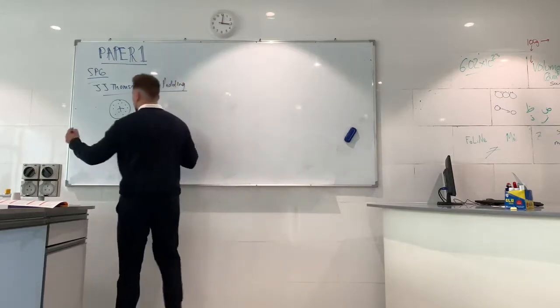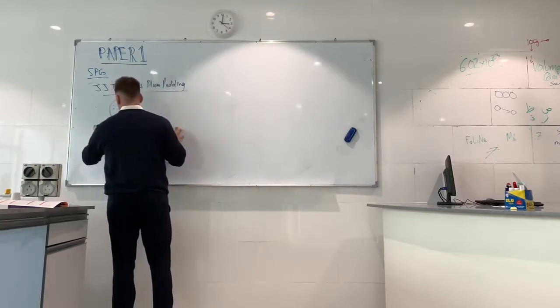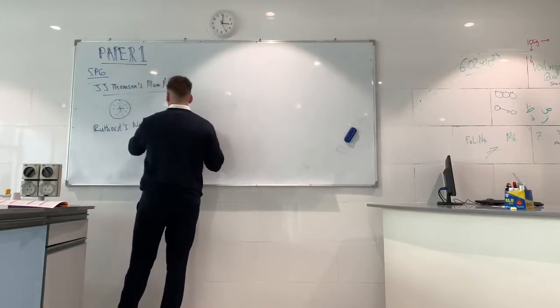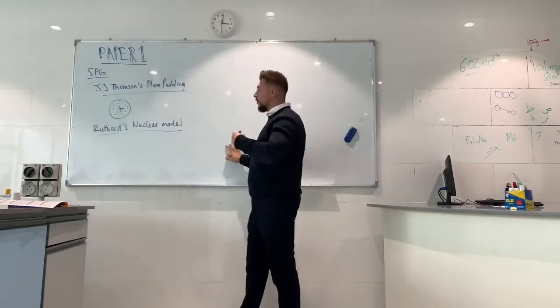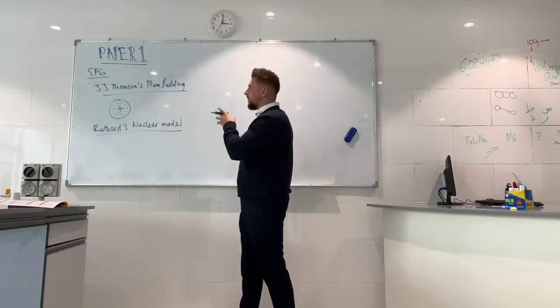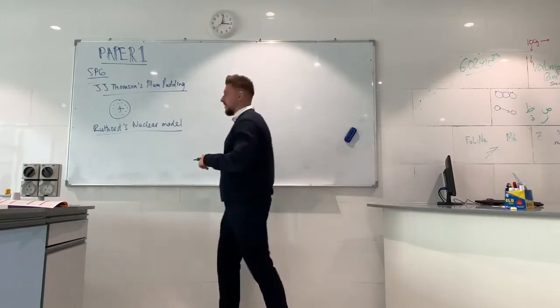Okay? The next one was Rutherford's nuclear model. Now, what you need to know about this model is how the experiment that he did gave them the results and the observations that determined the nuclear model they came up with.